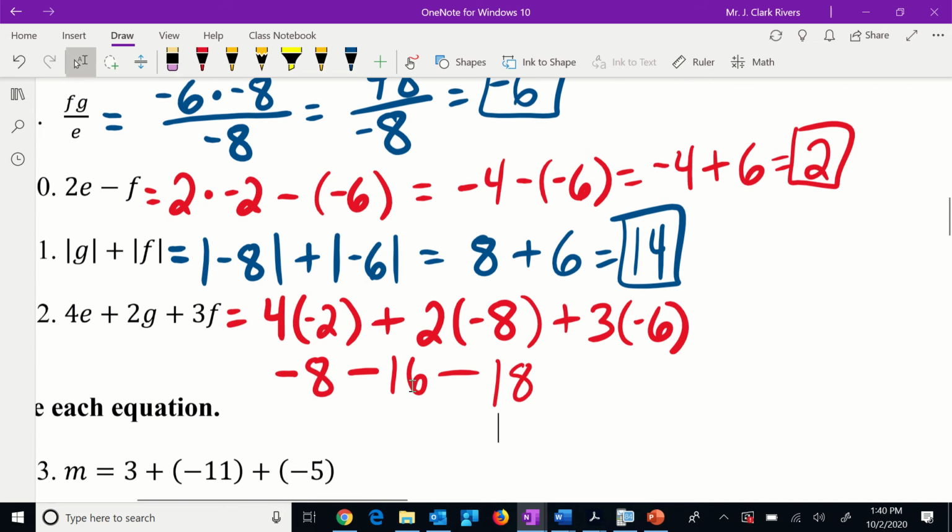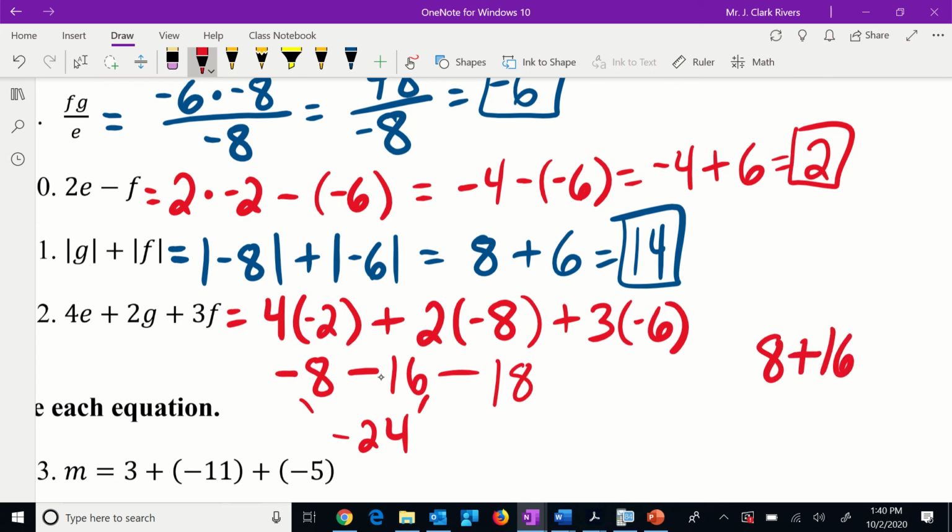Negative 8 minus 16. This is like negative 8 plus negative 16. Negative 8 minus 16, this is negative 24. Remember, negative 8 plus negative 16, just like positive 8 plus 16. So 8 plus 16 is 24. This is the same idea, except it's going to be the exact opposite sign.